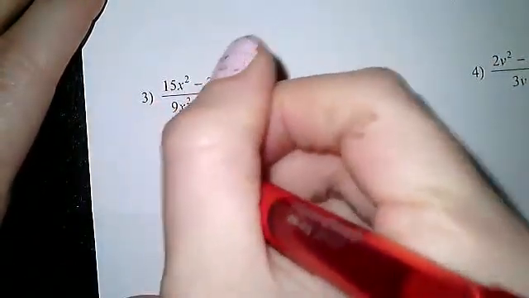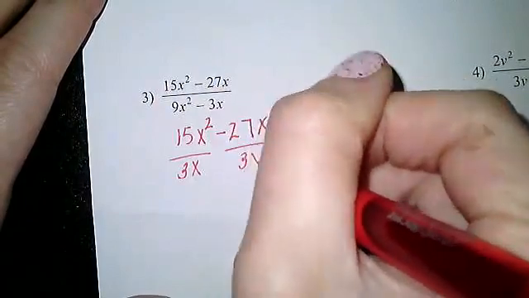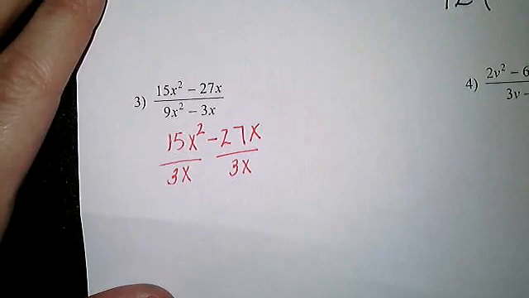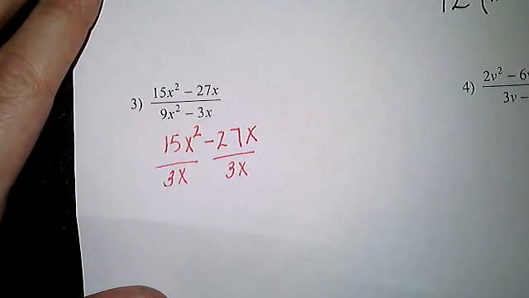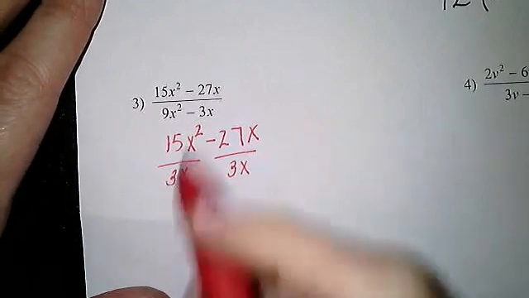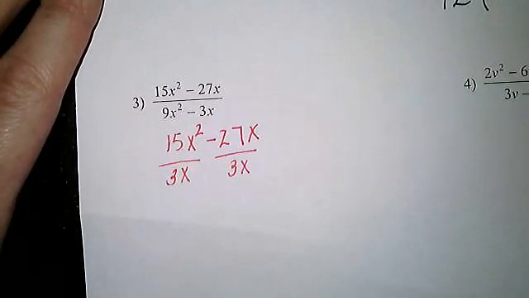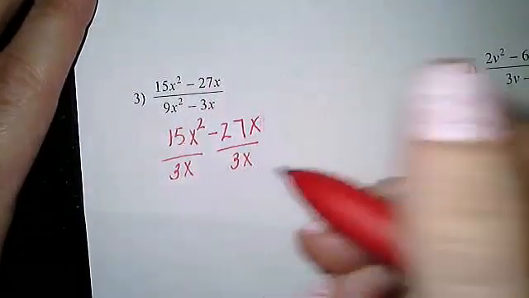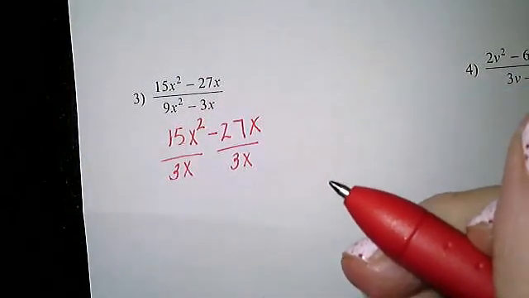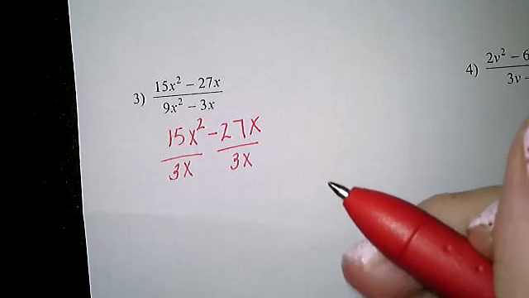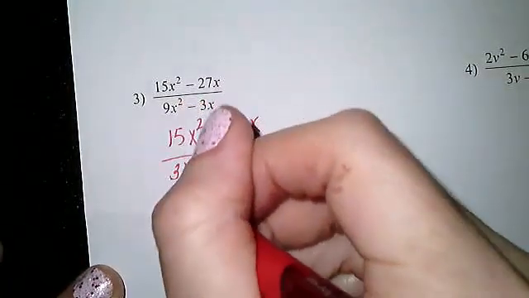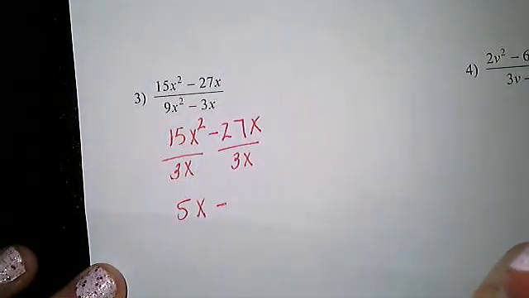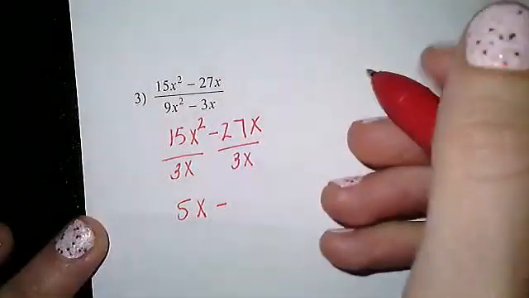Perfect, good. Wow, see, you guys proved me wrong. Anybody else remember about the X, if it has an X in both? It's been a hot minute since we factored. It really has been a while, hasn't it? So why'd you take out a 3? Mhm. Good, good. Do you guys know what you would get if you divide by 3? Perfect. No, you're doing good. I was thinking, man, I should have had you teach this lesson.